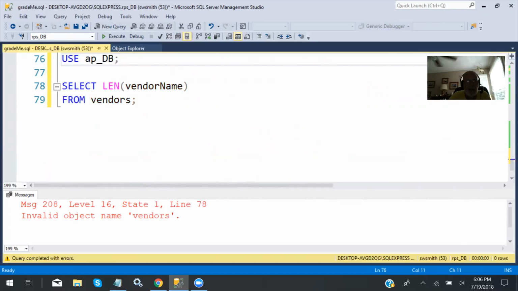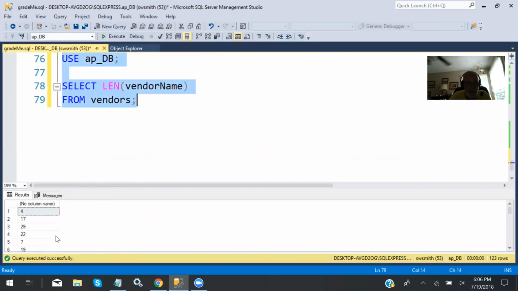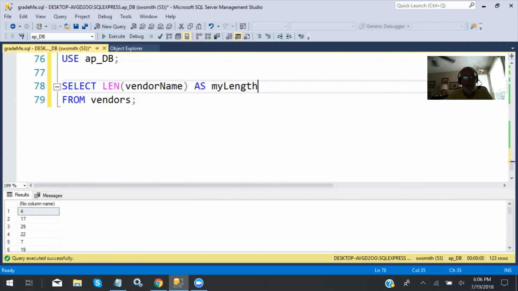And when I finally get that done, I can select the length of vendor name as length. I don't like using a name that turns blue. So let's look at it. I want to see the vendor name and how long the vendor name is.